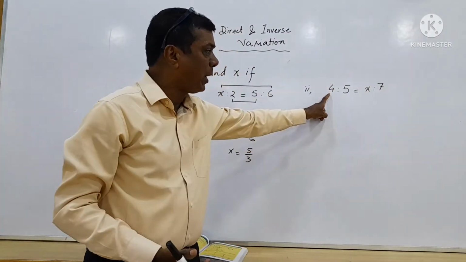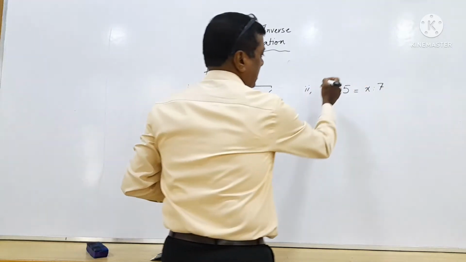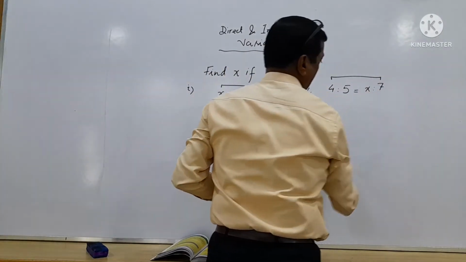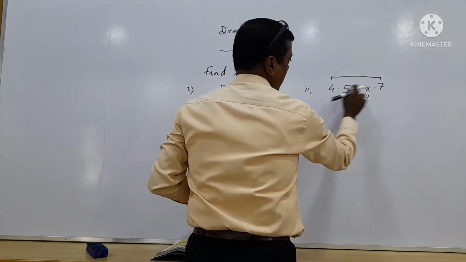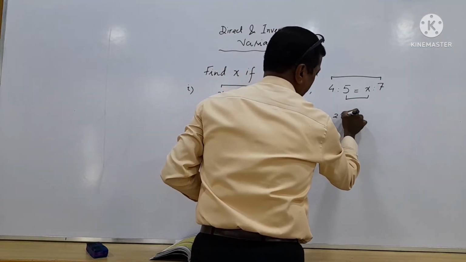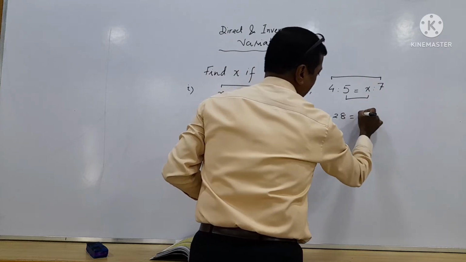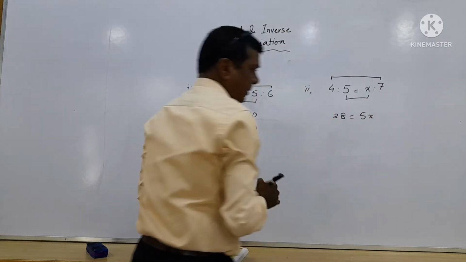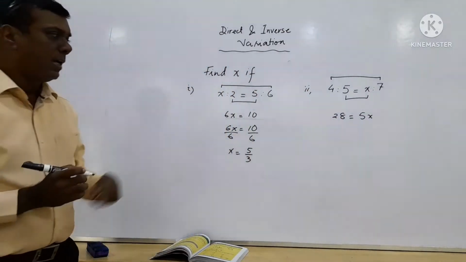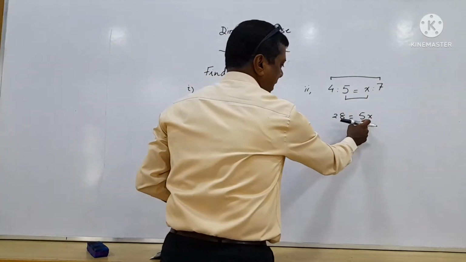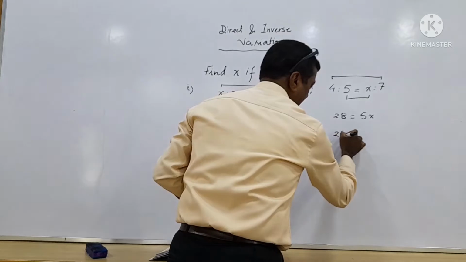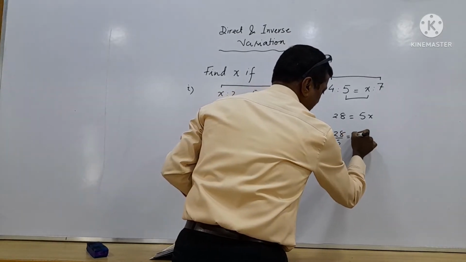When I multiply my first number with the last number, and I multiply my second with the third, product of means. So 4 times 7 will give me 28. 5 times x will remain 5x. Once I have done this, this 5 which is multiplying with x, if I break it down, this will become 28 over 5 equals x.